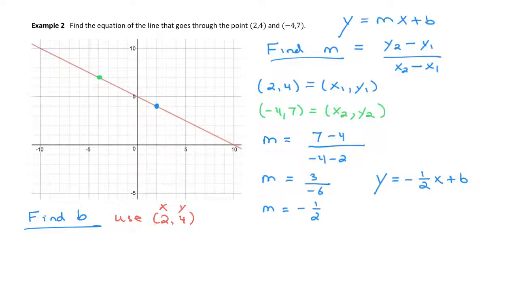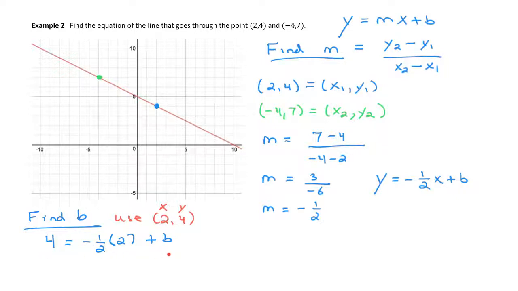You could have used the other point, but I chose this one first. In my equation, wherever I see a y, I'm going to put a 4. So I get 4 is equal to negative 1/2. And wherever I see an x, I'm going to put a 2. The only thing I don't know is b. So again, what we're doing is taking this equation after we figured out the slope, choosing a point, and putting something in place of x and y to solve for b.